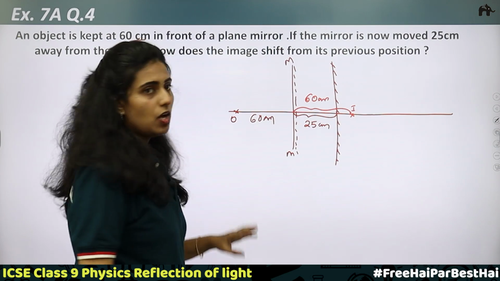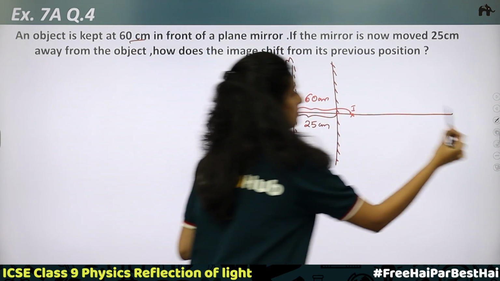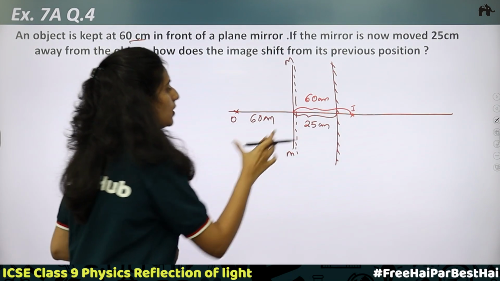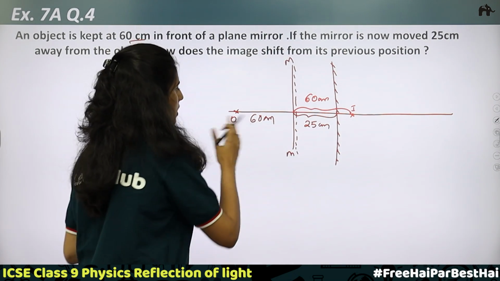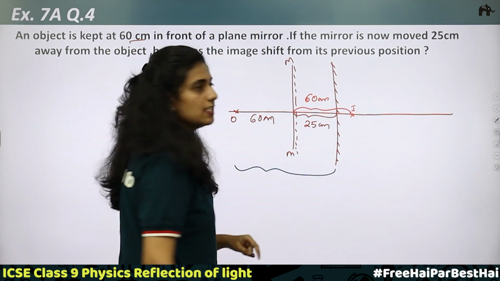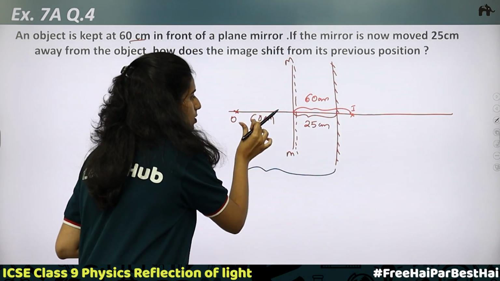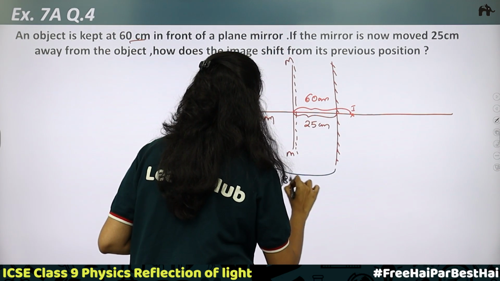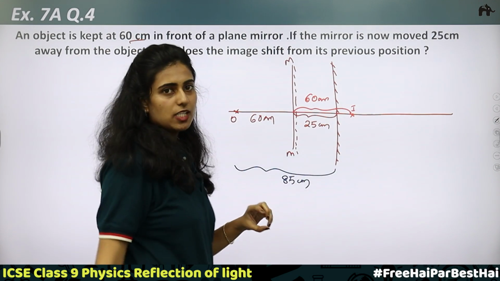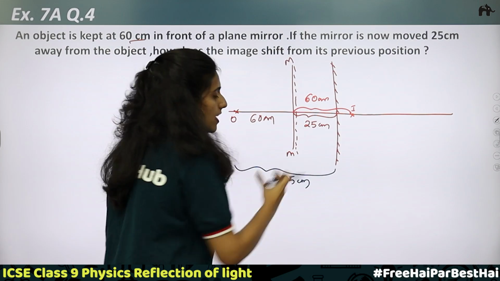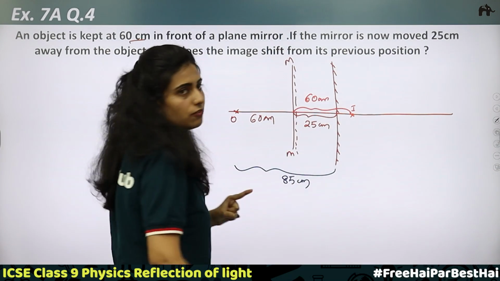Now, when the mirror is shifted by 25 centimeter away from the object, the object's distance from the mirror will be equal to 60 plus 25 centimeter, which is 85 centimeter. Where will the image be formed? The image will now be formed at a distance of 85 centimeter from the new position of the mirror.